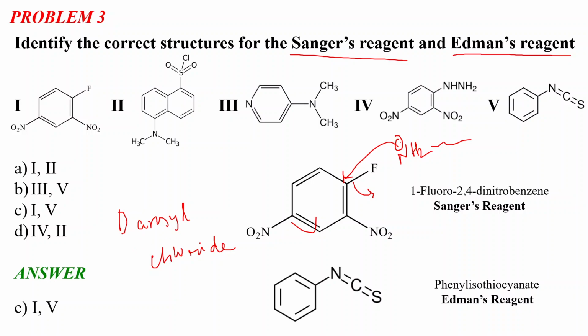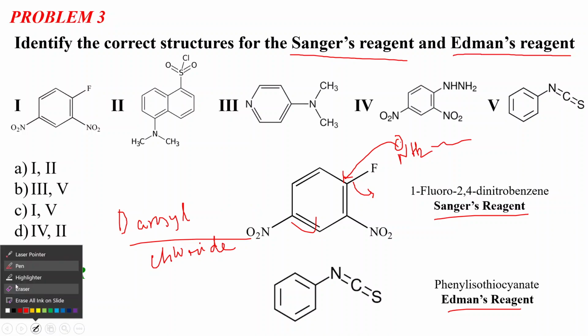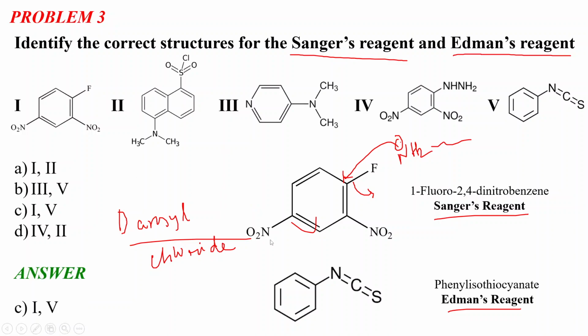So just remember these three reagents, Sanger's reagent, Edman's reagent, and dansyl chloride, their structure and what they do. They basically isolate the N terminal amino acid, and we know that from the derivative, and that's how the sequencing of the peptide chain happens.